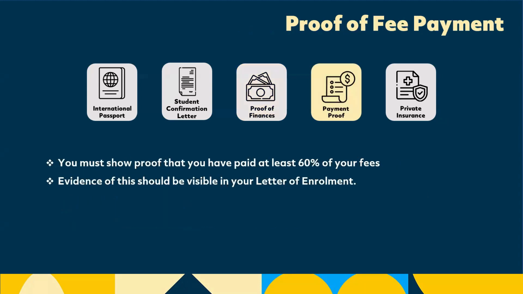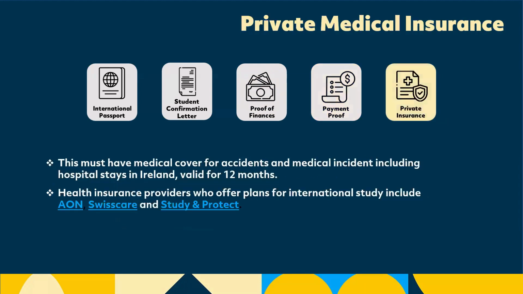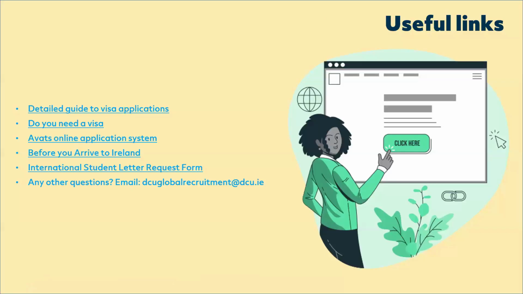And then proof of payment, you must show that you've paid at least 60% of your fees. Again, if you've applied for your visa, you already have all that evidence, and evidence of this will be visible in your letter of enrollment as well. Okay. And then finally, your private medical insurance as well.